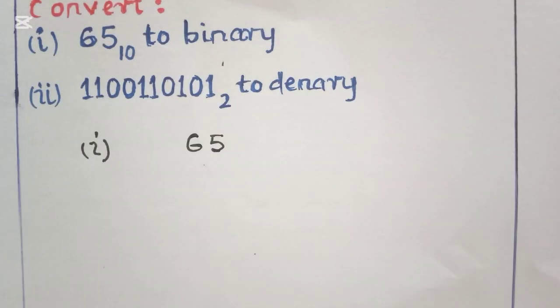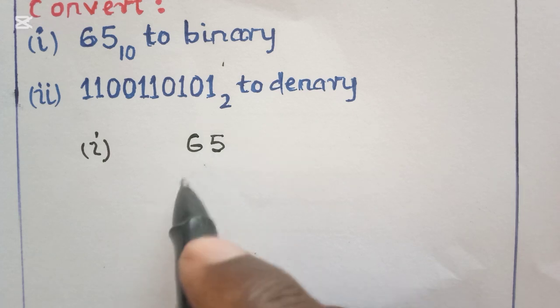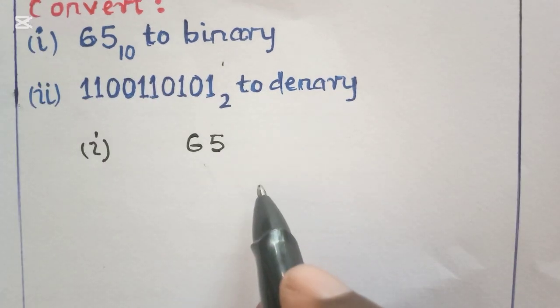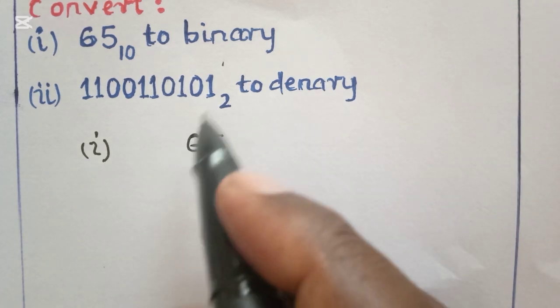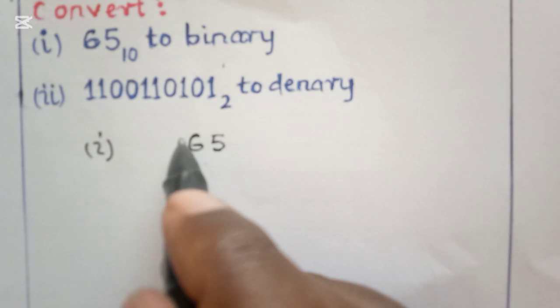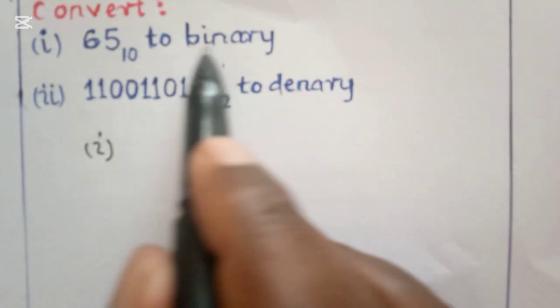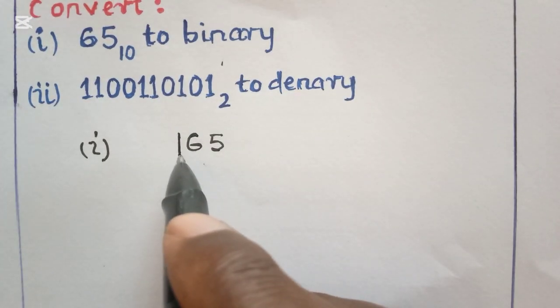We go ahead and divide it by 2, and we shall be putting the remainder on the other side until we complete, where we cannot divide again. Our first division is done using 2 because that is what we are converting this number to.